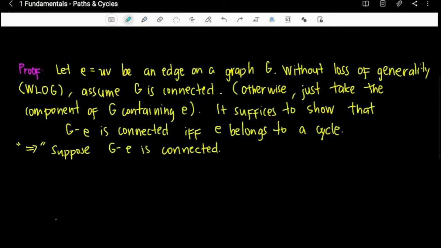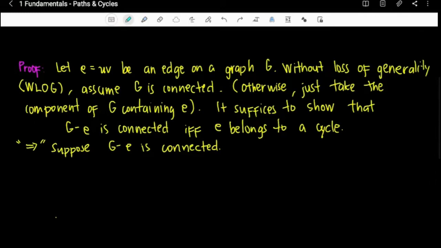So, let's just assume na connected yung G. Otherwise, just take the component of G containing E. Again, kung disconnected yung graph, kunin mo lang yung component that would contain E.